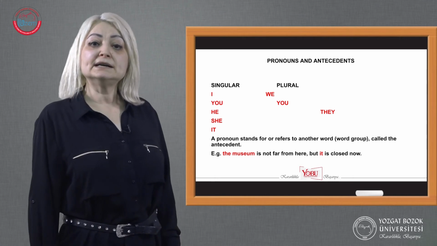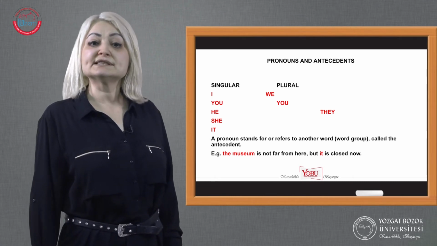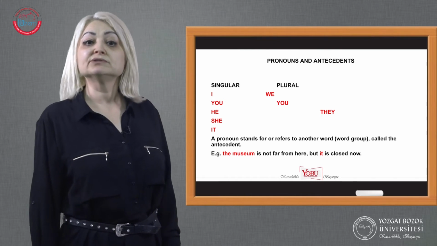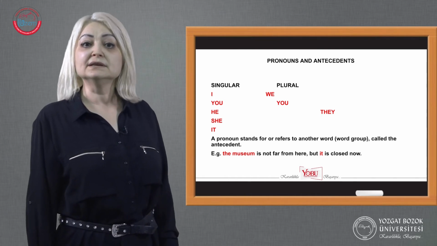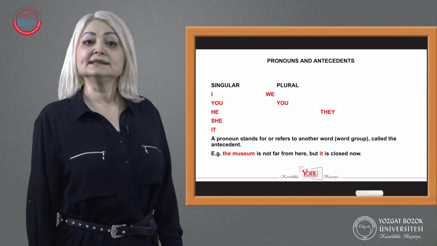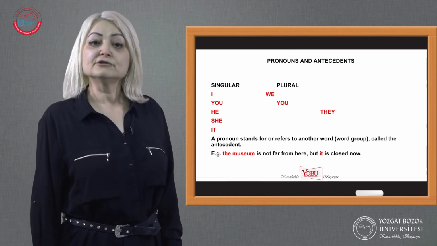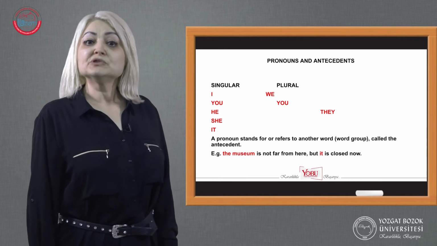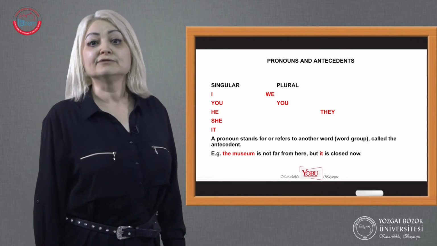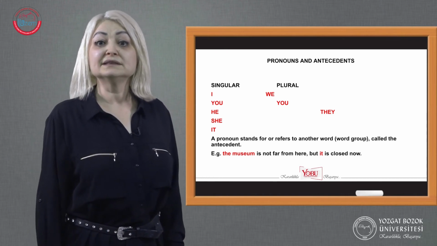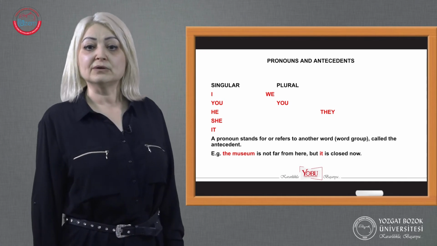And we need to establish a correct relationship between this pronoun and its antecedent. For example, the museum is not far from here, but it is closed now.